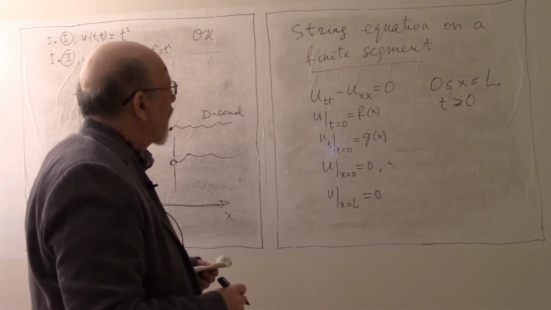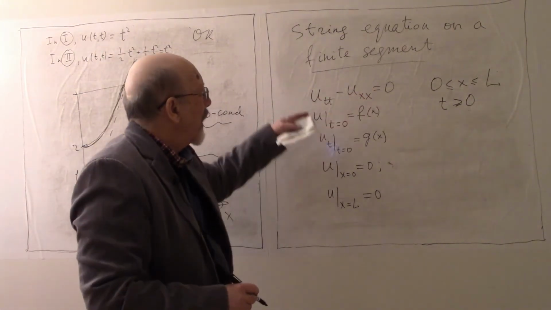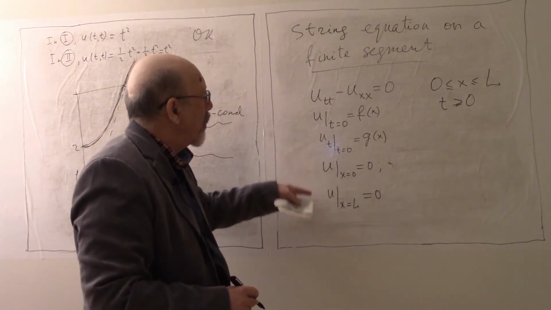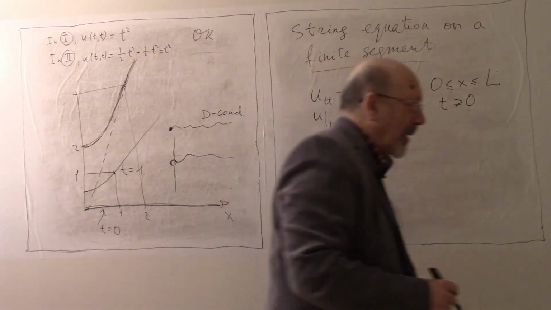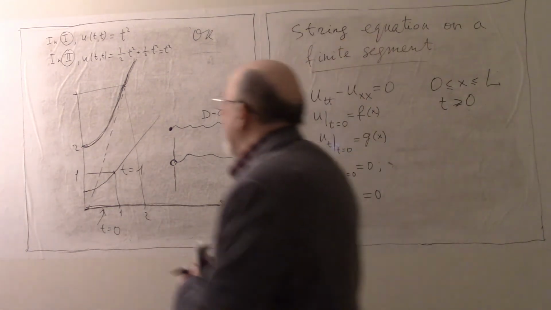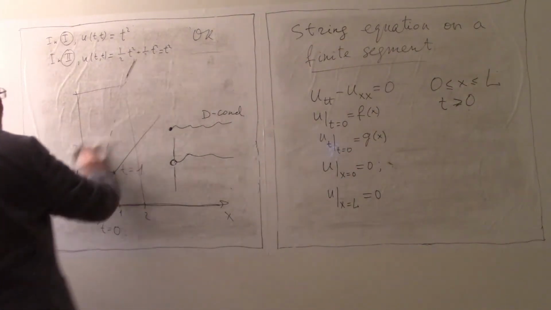So we have one equation and four conditions. These are two initial conditions and two boundary conditions. So our problem is laid out in front of us.